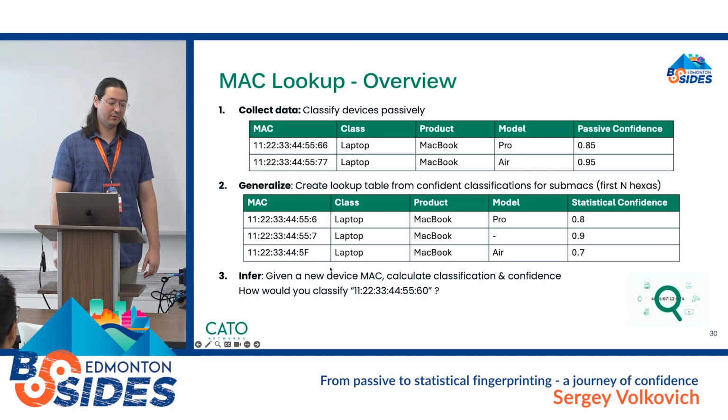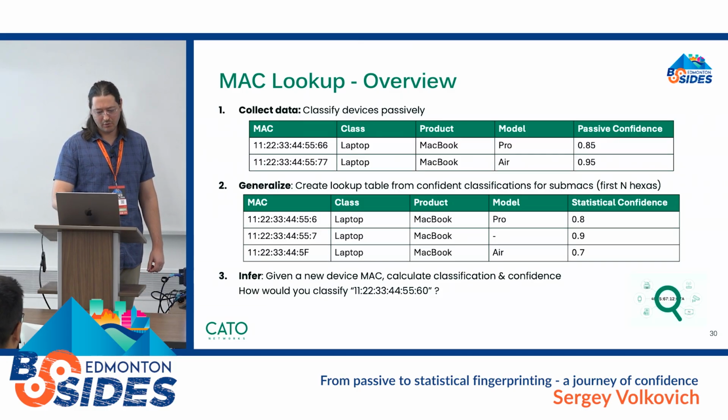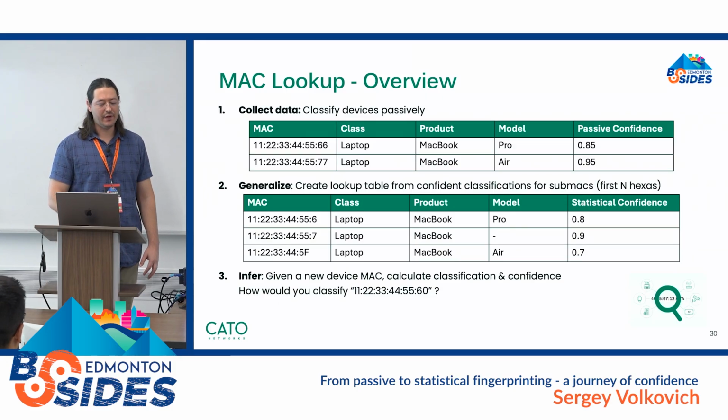And then we use a sub-MAC length of 10, the one ending with 5F. And each of these rows indicates a different classification with a different confidence for a different value of the sub-MAC.